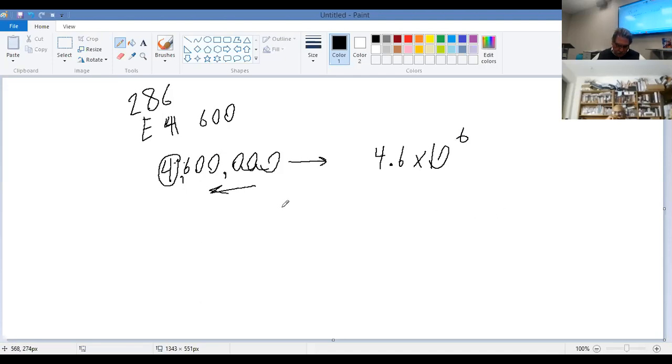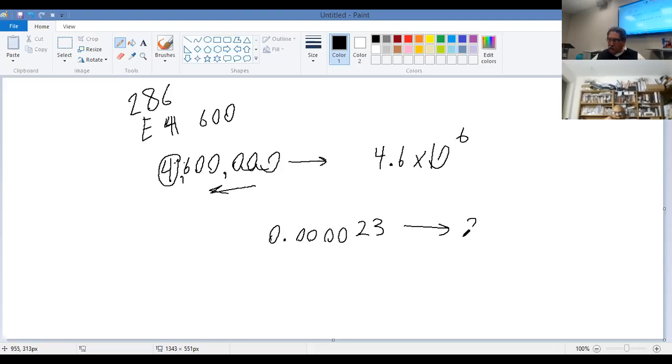Or, let's see, if we have this one, 0.000023, I want to write it in scientific notation. So I want to move this decimal point over here.